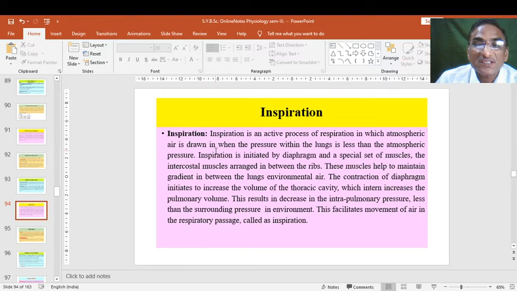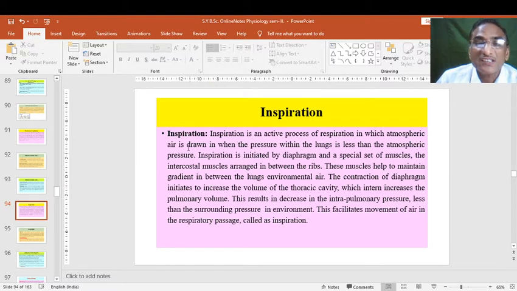Inspiration is an active process of respiration in which atmospheric air is drawn in when the pressure within the lungs is less. Means whenever the pressure is low in the lungs, inspiration takes place, or we can call it the exchange of air between the atmosphere and lungs.